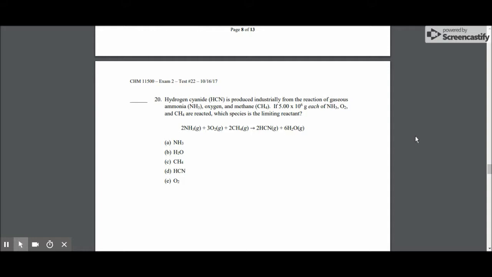And I wanted to show 20 just as kind of an example of how this strategy doesn't work for all problems. These are just different chemicals, and you can't really find a similarity on which one to pick.